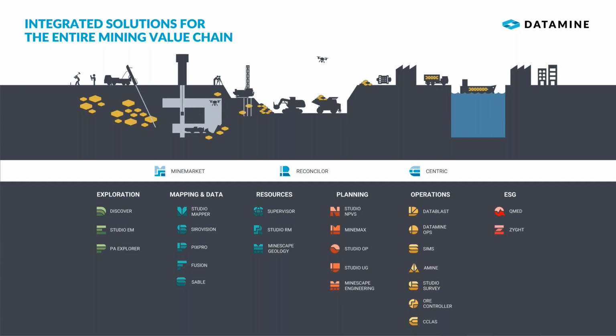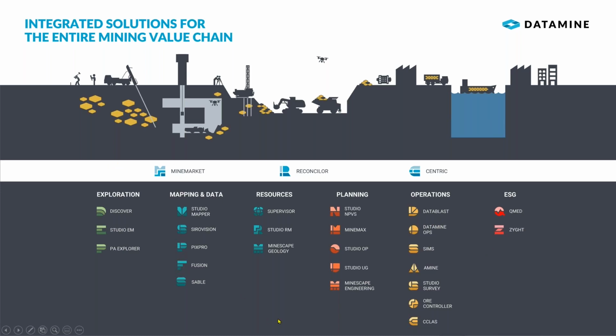So, as most of you know, just a brief introduction. Datamine is the leading technology provider for the mining industry. So we have, when it comes to software, because we also have consulting, but when it comes to software, we have a full range of solutions which cover the whole process chain from geological exploration all the way to the operations themselves and commodity trading, ESG, and global solutions here on top.